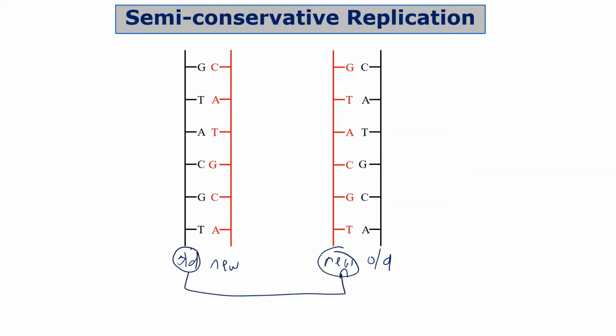Just read it going up: T, G, C, A, T, G. It goes the same way. And this guy looks exactly like that guy. So we do have two DNAs. They are identical. Notice the pairs there: GC, GC, TA, TA, AT, AT. They're all matched. They're all the same, but each molecule now is half old and half new. That's the concept of semi-conservative replication.